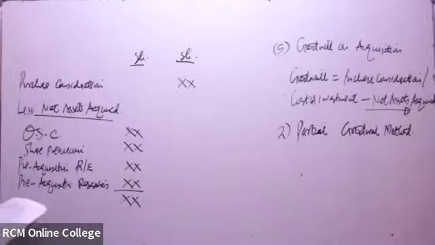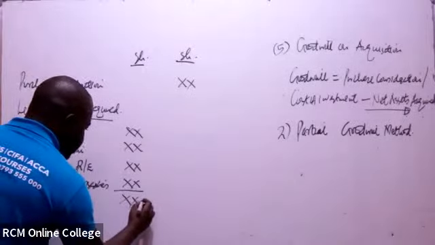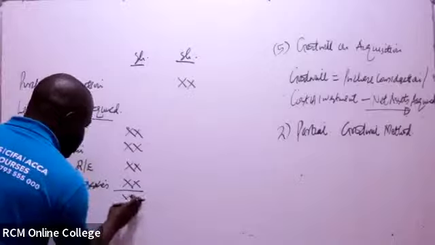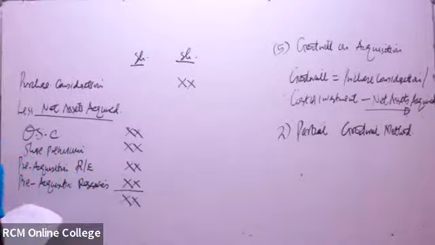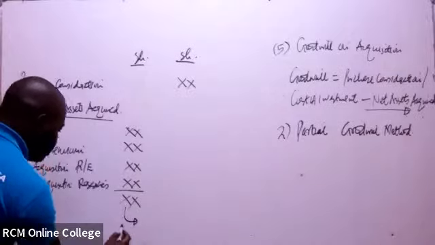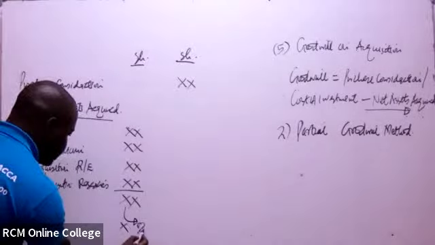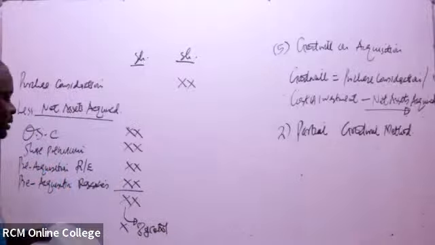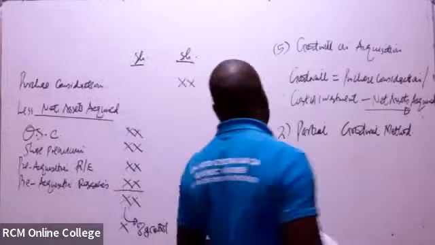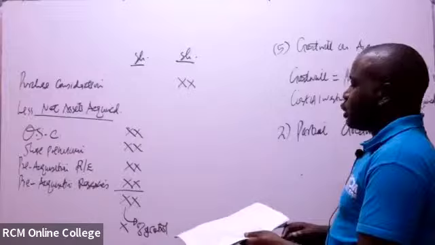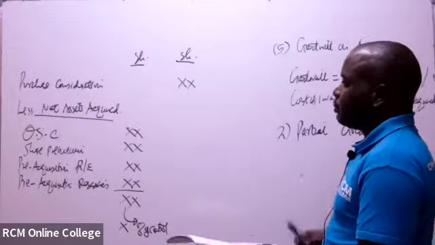This total, you multiply by the percentage of control. Maybe in this case it is 80%. The percentage the holding company is controlling, because it is partial.